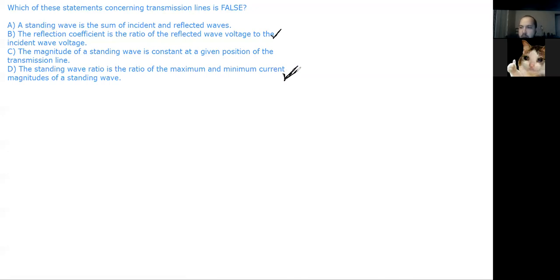This is a maybe, though. Standing wave is the sum of incident and reflective waves. Then again, with standing wave ratio, you're able to get the gamma or reflective coefficient.